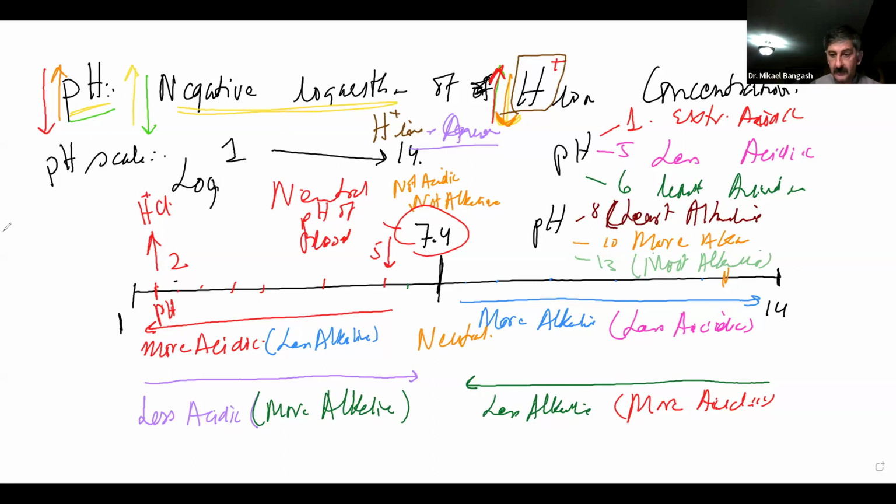But what that mainly would just mean, guys, is, let's put it this way: the higher the hydrogen ion concentration, and that's because we said that the pH was a negative log.